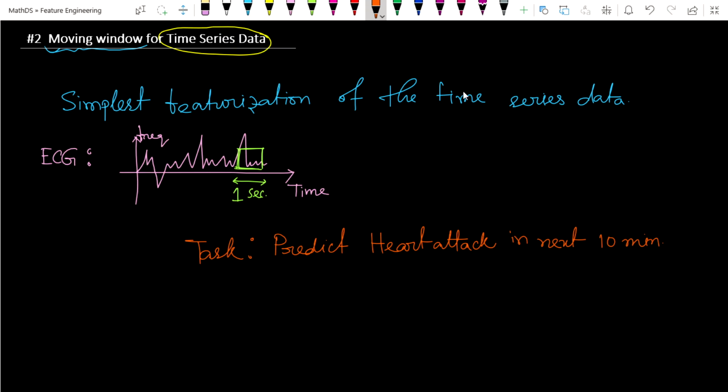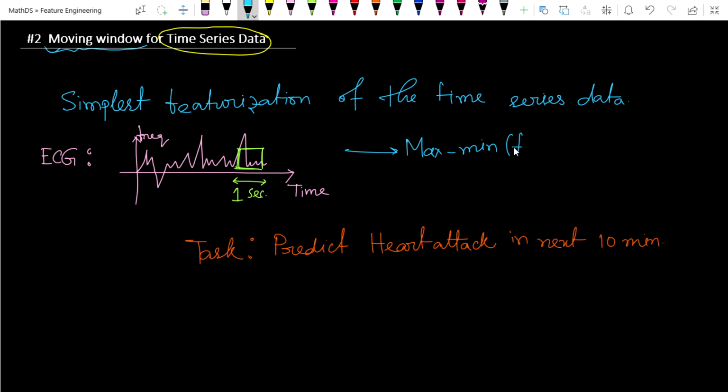Okay. So first, what kind of features will we take into consideration? The first features may be based on the max and mean of the frequency of this frame. It depends on the problem.